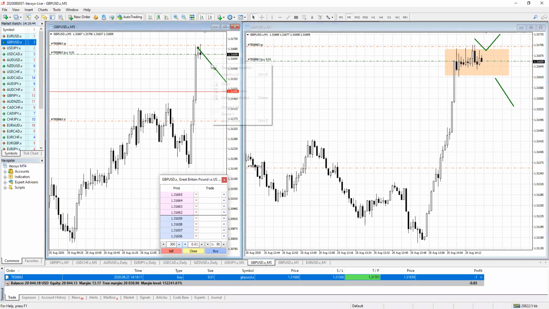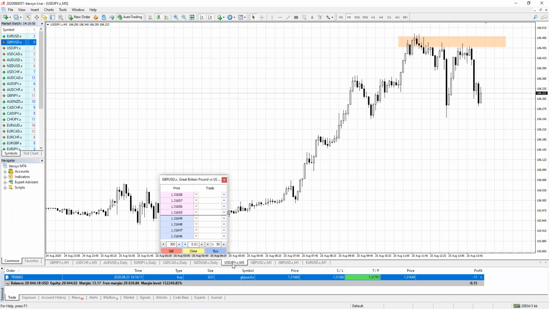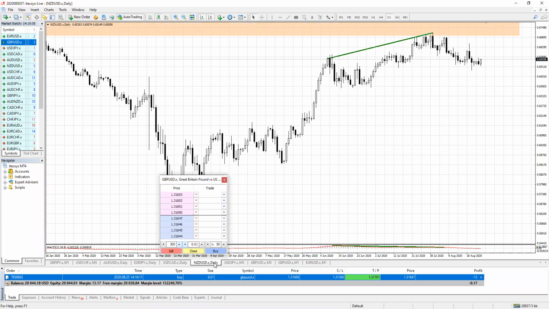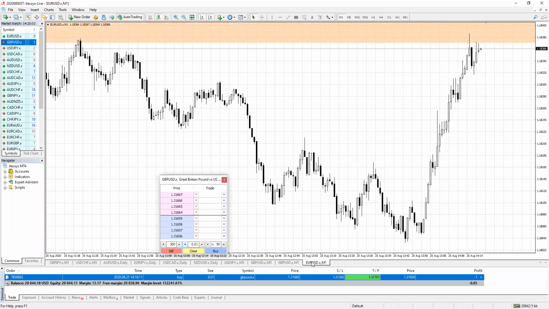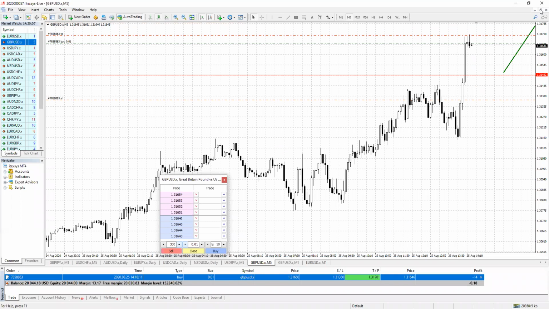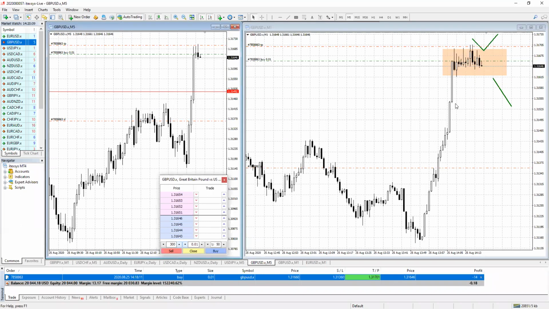You can feel the indecision on the 5-minute chart. You have tails on the bottom, tails on the top. What else do we have? Okay, let's keep managing this.